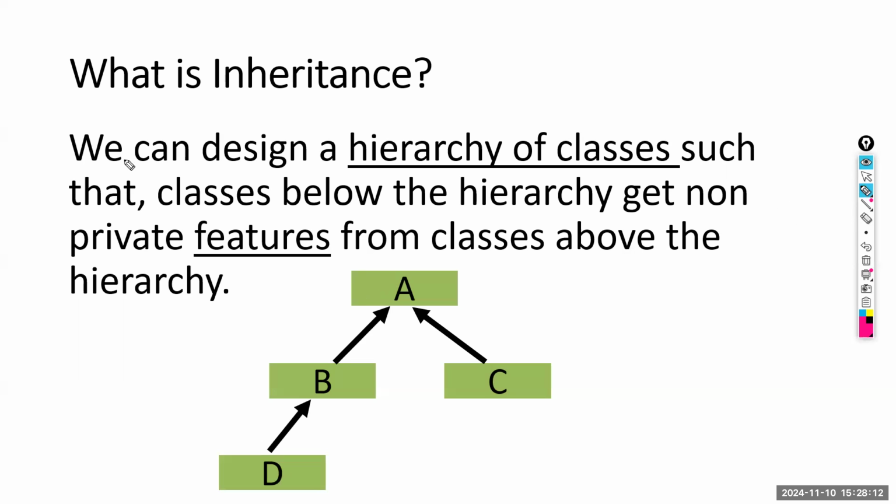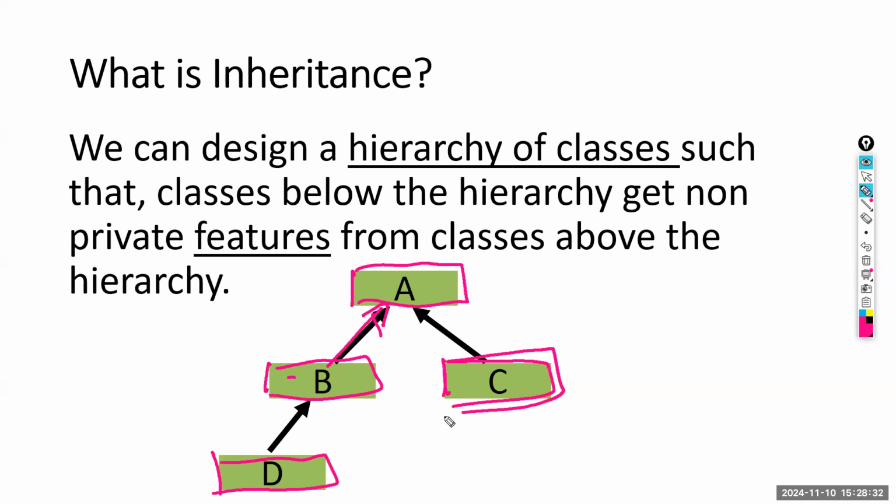So what is inheritance? We can create a hierarchy of classes rather than isolated classes, such that classes below in the hierarchy get some attributes and behaviors, some features, from classes above in the hierarchy.